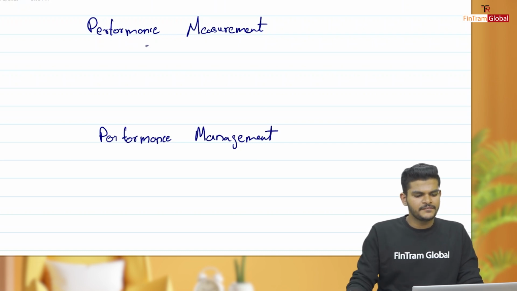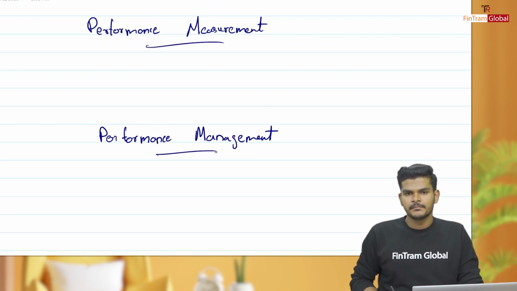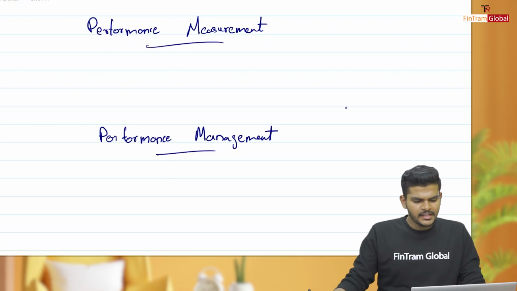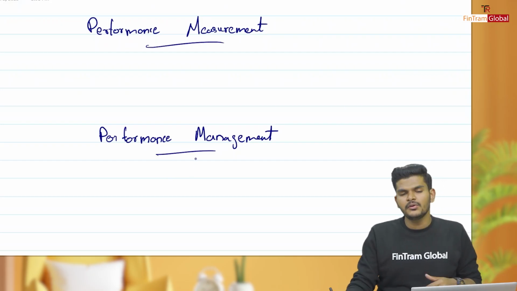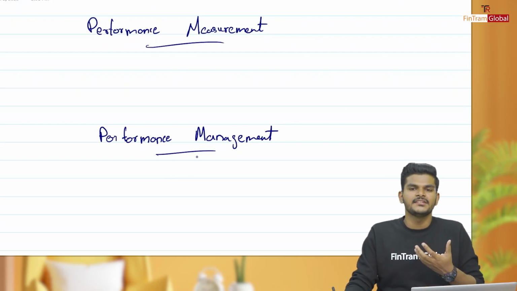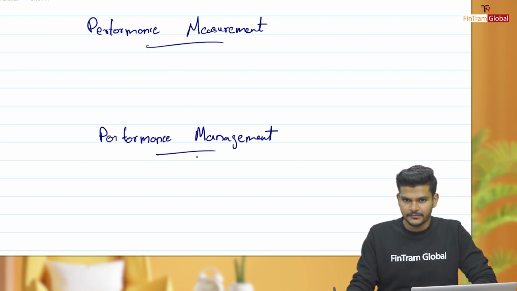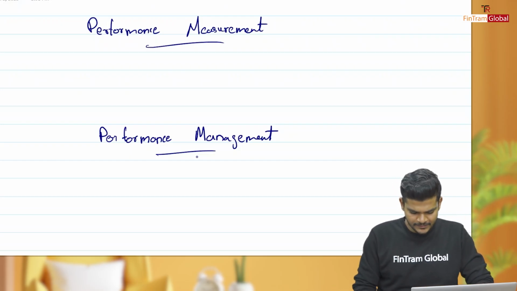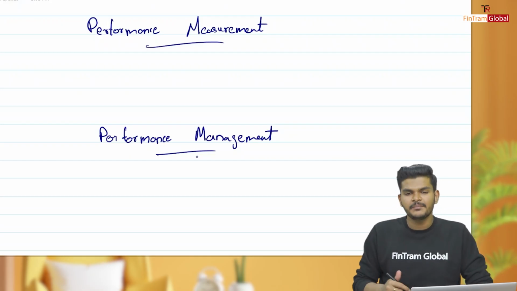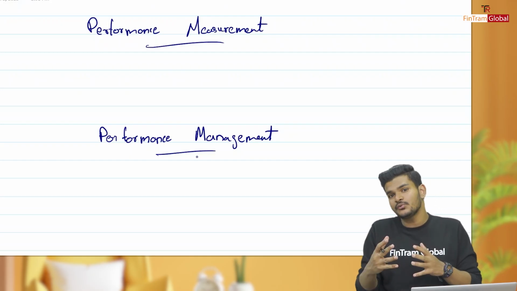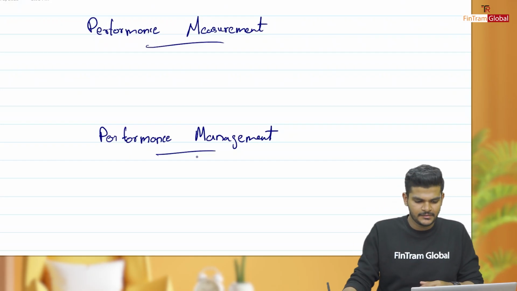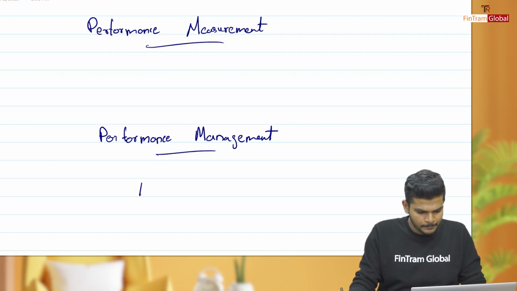So what's the difference between these 2 terms exactly? Performance management is the ongoing process of managing the performance of the organization to achieve its corporate objectives. Whereas performance measurement is measuring the extent to which we have achieved those objectives. So one is managing performance, to put it very simply.